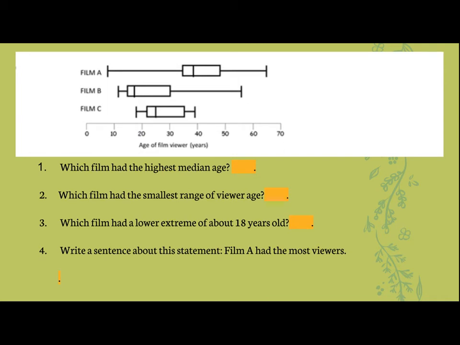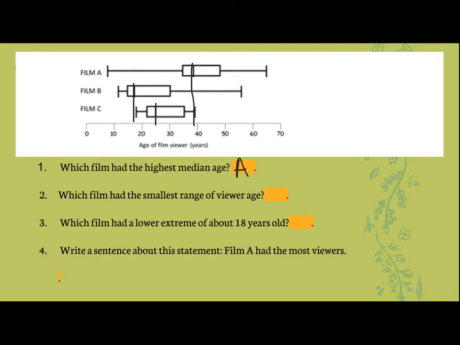One other thing you're going to need to know is how to analyze them and compare them. So we've got 3 films, A, B, and C. The title says the age of the film viewer in years. So we're going to compare them. Which film had the highest median? Well, remember the medians are right here. The one with the highest median was film A. Which one had the smallest range?